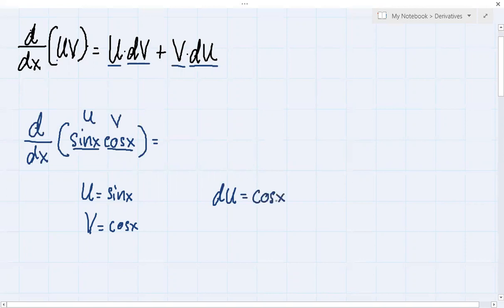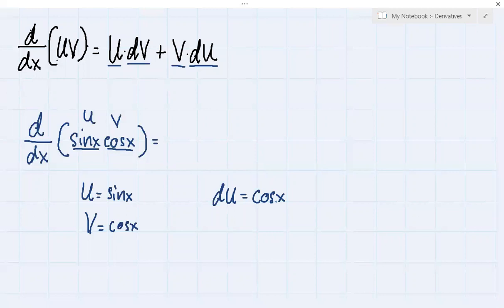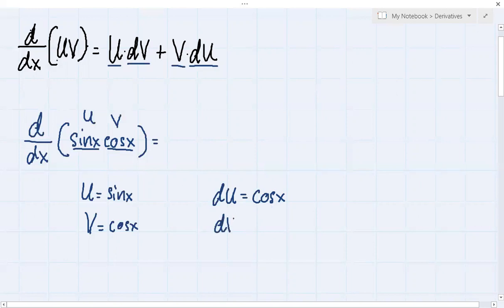If you still don't know how to get the derivative of a given trigonometric function, I recommend you to watch first yung basics ng derivative ng trigonometry. Okay? Panoorin nyo muna yun bago kayo mag-proceed dito. Alright? Next, kunin natin derivative ng v, which is derivative ng cosine x. Recall that ang derivative ng cosine x ay negative sin x.